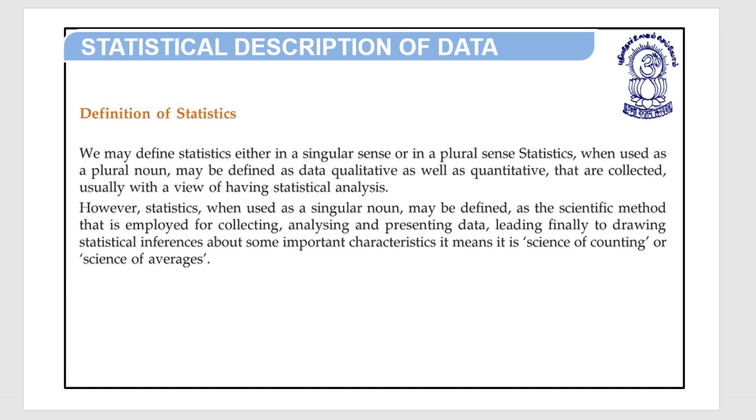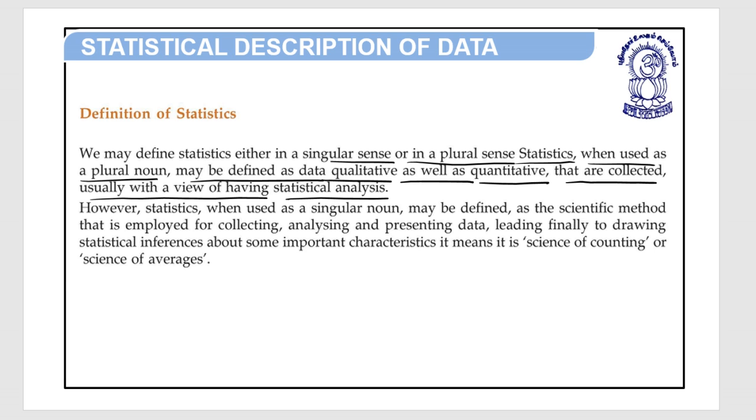Definition of statistics. Now, what is statistics? We may define statistics either in a singular sense or in a plural sense. Statistics, when used as a plural noun, may be defined as data, qualitative as well as quantitative, that are collected usually with a view to statistical analysis.